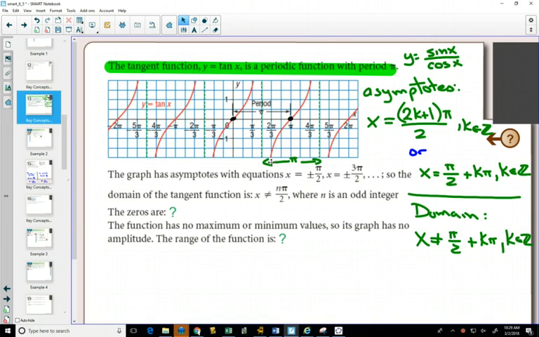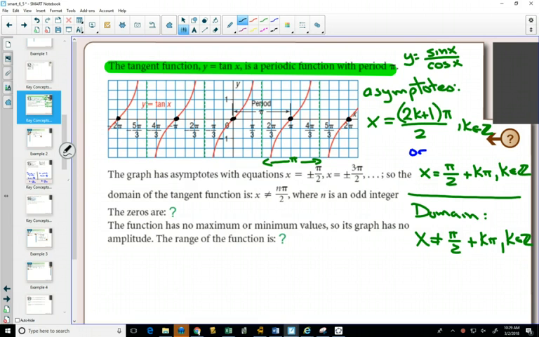The zeros. You may notice that the zeros are always multiples of pi, and that the zeros are equal to the zeros of sine. In fact, if you think of it as sine over cos, the only time a fraction is equal to 0 is if the numerator is equal to 0.